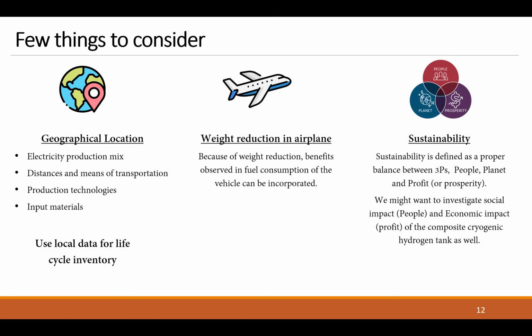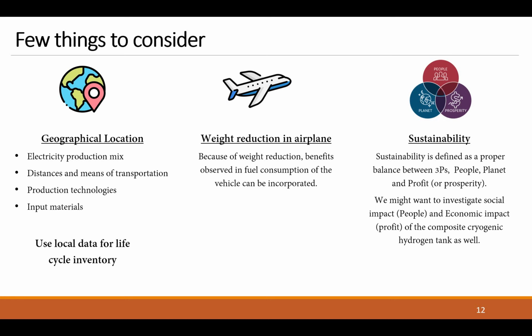Some are more dependent on fossil fuels, but some have shifted to nuclear power, which is a much cleaner form of energy. So even when a product's manufacturing takes so and so amount of energy, if it is being produced in India and if it is being produced in USA, the output would be very different, because the electricity production mix would be very different in two different countries.